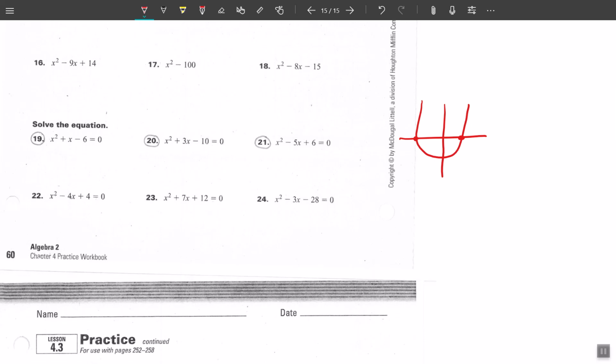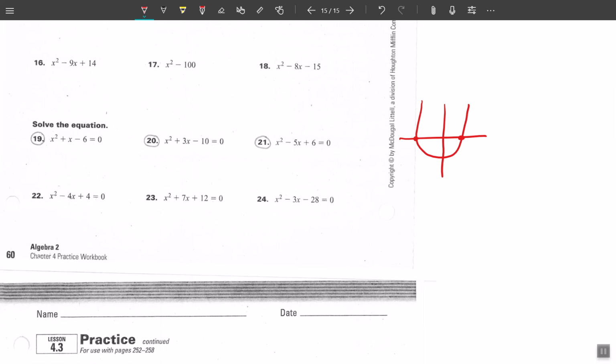Those are your solutions. So it's not always going to hit twice. It might only hit one time. If the vertex is on the x-axis, if it's actually sitting on the x-axis, you'll only have one solution. You could have no solutions if the graph isn't anywhere close to the x-axis. So what we're doing here then is we're going to actually solve for the specific places where it crosses the x-axis.